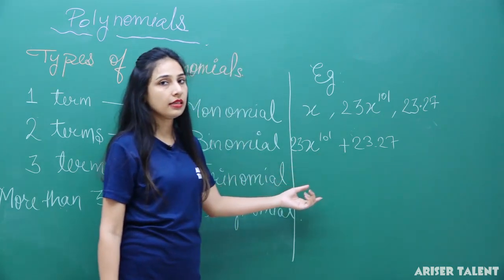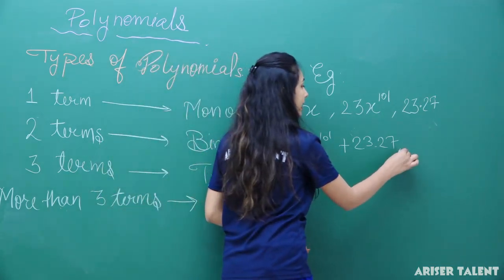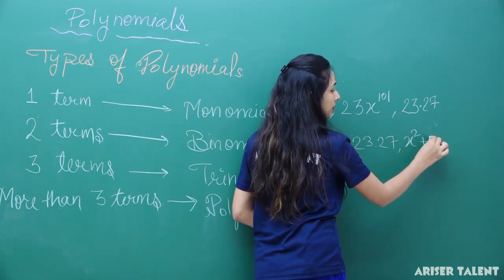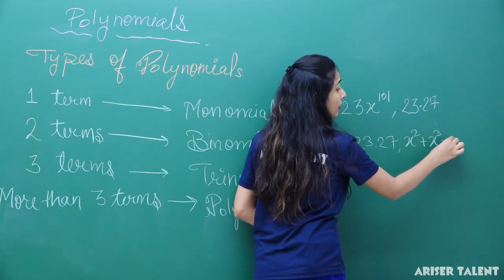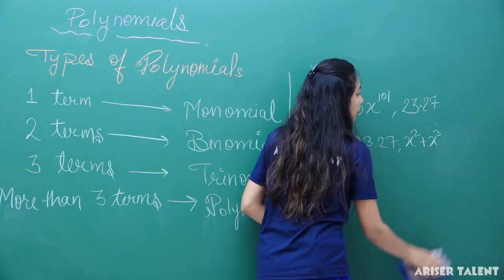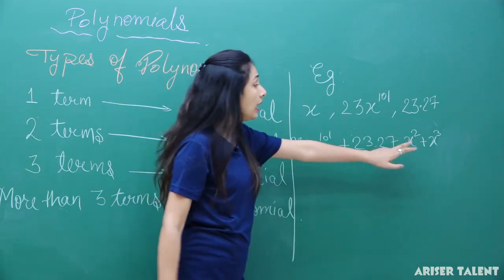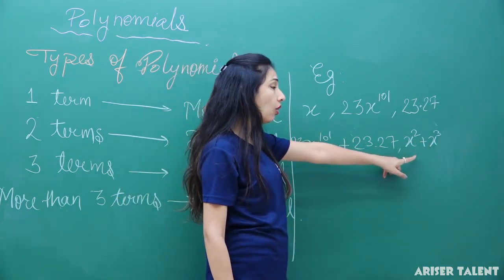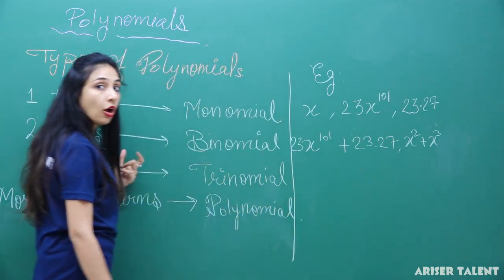So yes, it is a binomial. Or I can write x square plus x cube. So this is having 1 term, 2 terms.